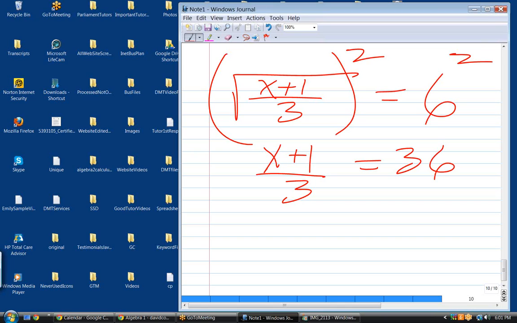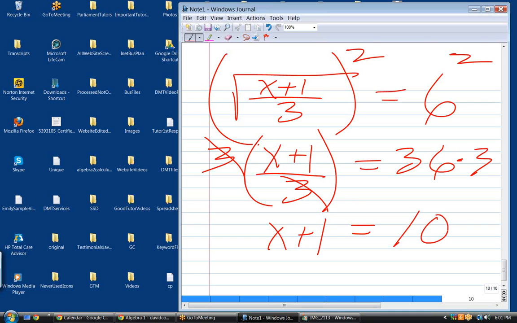What is that 3 currently doing? Dividing. So we have to do the opposite. Always the opposite. So I'm going to multiply both sides by 3. That 3 cancels. We're left with x plus 1 equals 108.